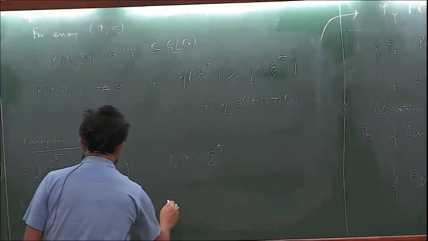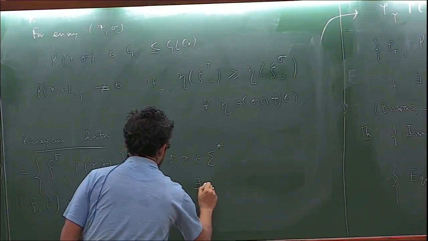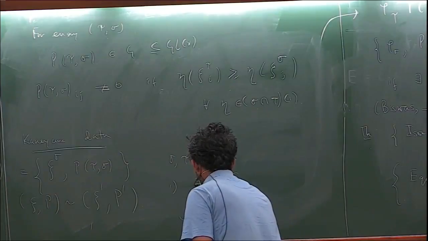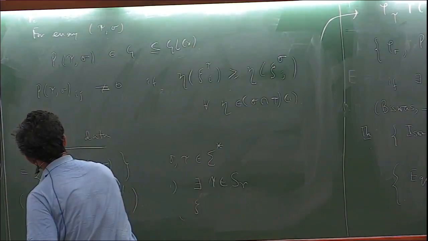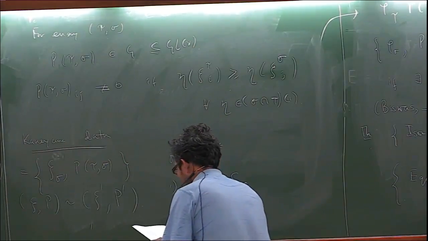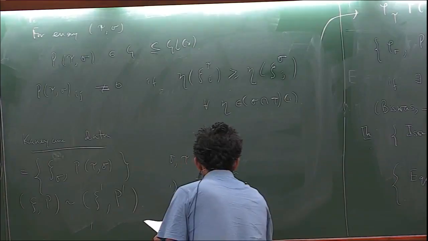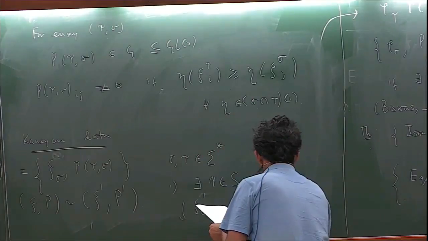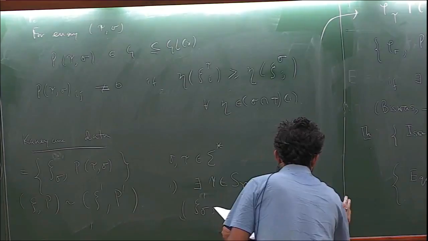If there exists gamma such that xi sigma prime is xi sigma up to some permutation.